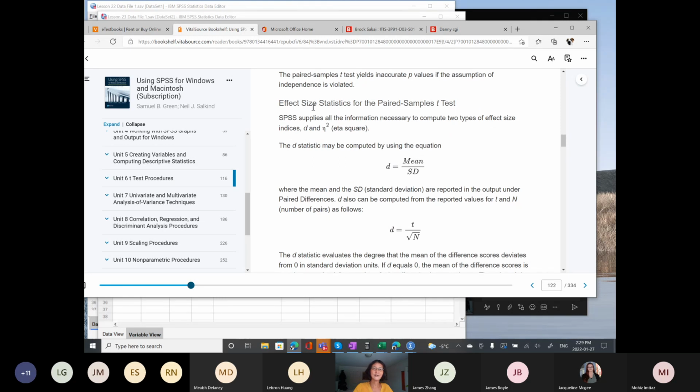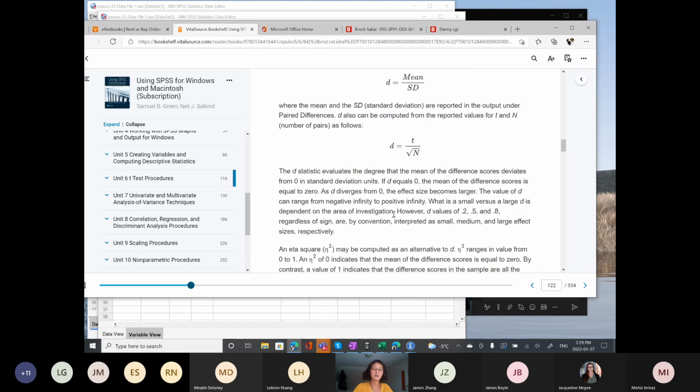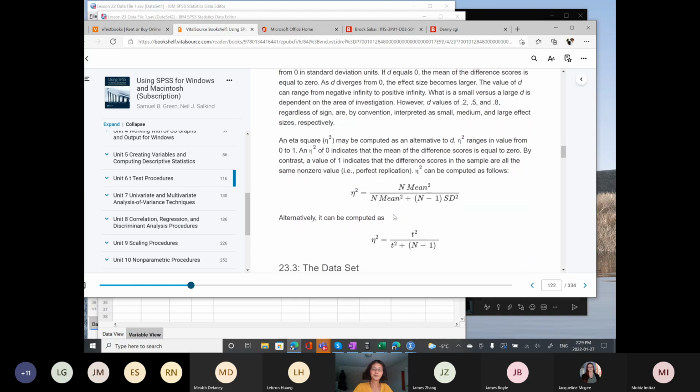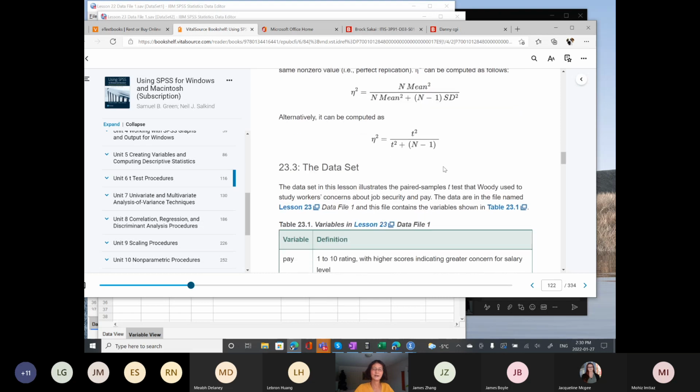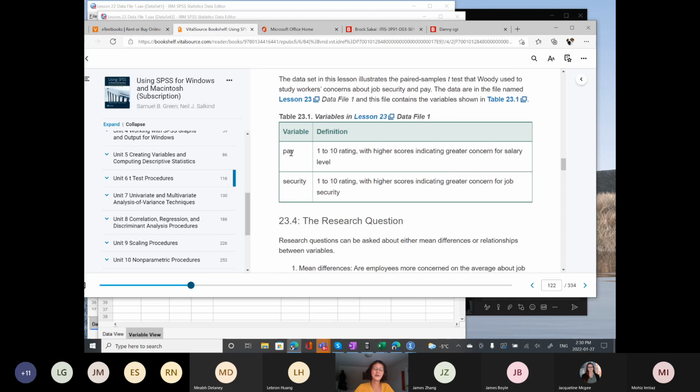For the effect size statistics, this is the formula we use, okay? And sometimes we also use eta square. N represents sample size, mean is the mean of the differences of paired samples, SD represents standard deviation of those differences. So now we know there are two variables in this data, pay and security.